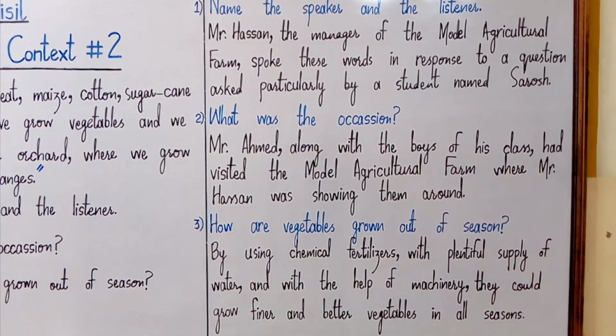Question number 3, how are vegetables grown out of season? The answer is very simple, taken out of the book. By using chemical fertilizers with plentiful supply of water and with the help of machinery, they could grow finer and better vegetables in all seasons.